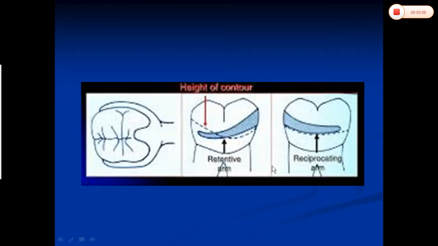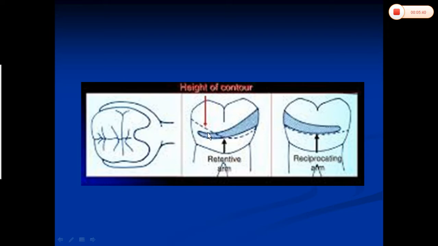See here, the clasp form starts from the rest seat, from the body. The clasp form starts above the height of contour. As it passes the height of contour, this is the survey line, below the height of contour in the undercut area, the retentive arm should engage. This should be away from the gingival margin. And the retentive arm tip should be curved towards the occlusal surface of the tooth.